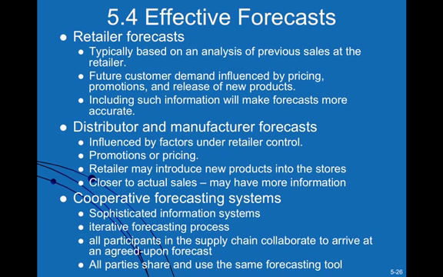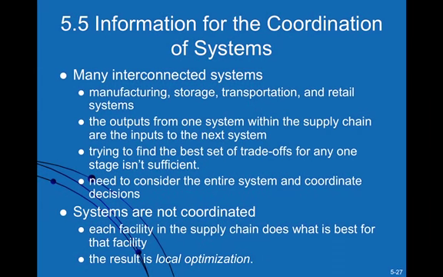So a retailer and a distributor will actually share their forecast with each other, and sort of work on coming to some kind of consensus on what they believe the true demand actually is going to be, and on that basis plan the supply chain. So that is a sort of a much more collaborative process, which could help to improve the accuracy of forecasting, and then ultimately reduce the bullwhip effect.